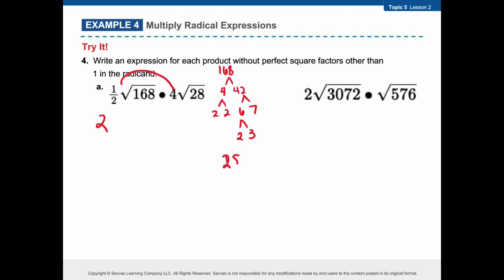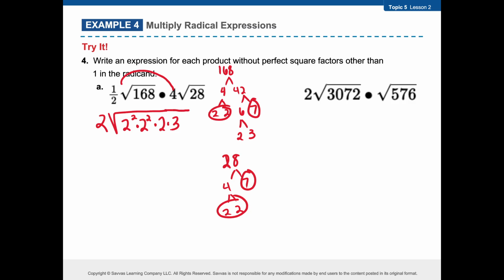And then 28, 4 and 7, 2 and 2. So here I have a pair of 2s, here I have another. So 2 squared, another 2 squared, and then I have a pair of 7s.